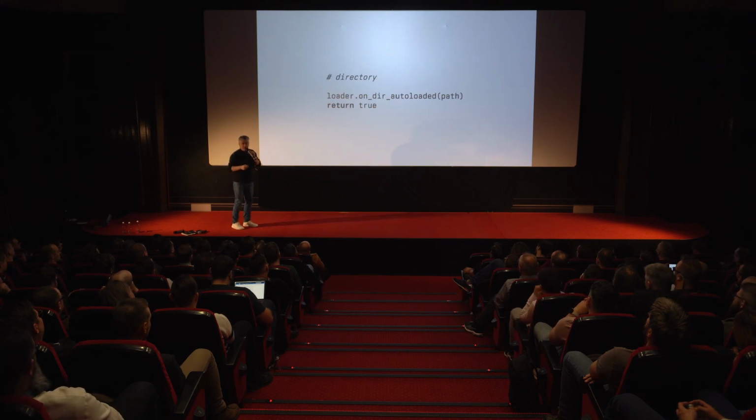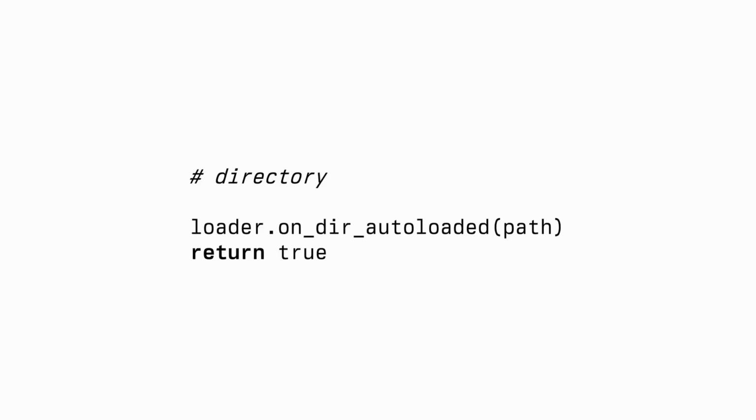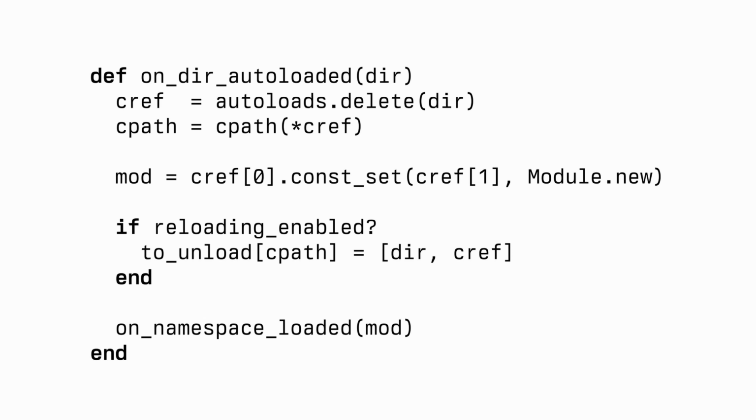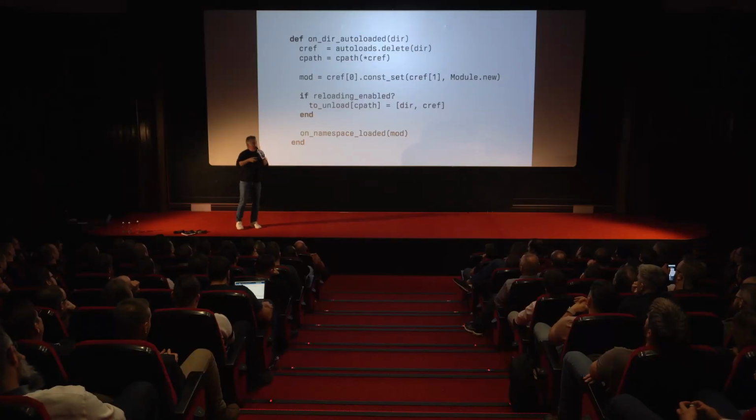Now, if a directory is required, there's a different callback that basically does more or less the same thing, but the interesting line here is the third one in the body of the method, because we are defining a constant with const that defines a module. There's Module.new there, right?